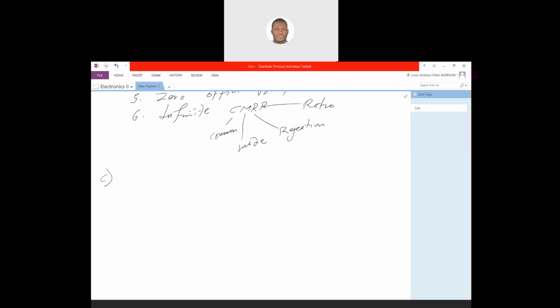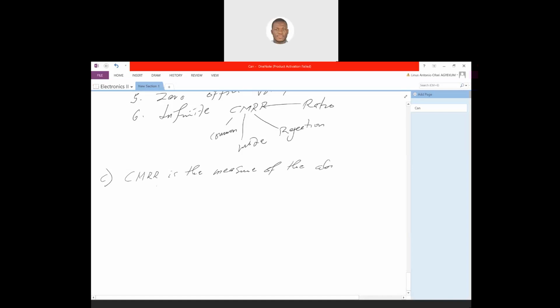It asks what is common mode rejection ratio? In simple terms, common mode rejection ratio is the measure of the operational amplifier's ability to reject common mode signals. Okay?